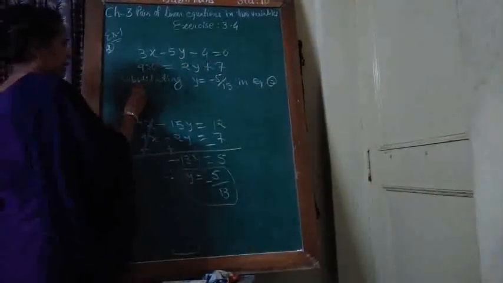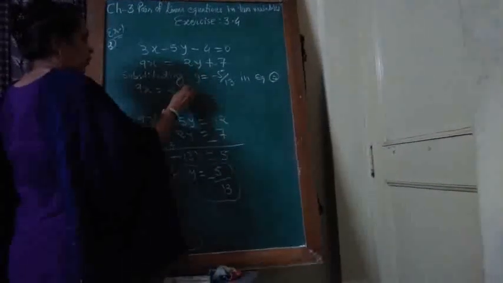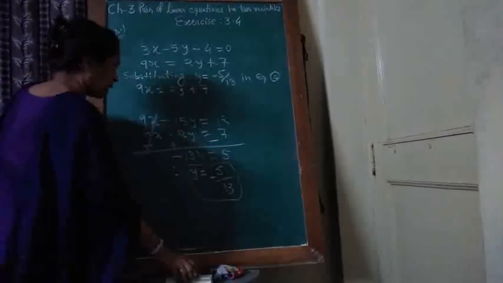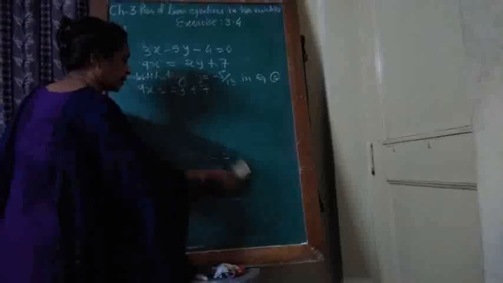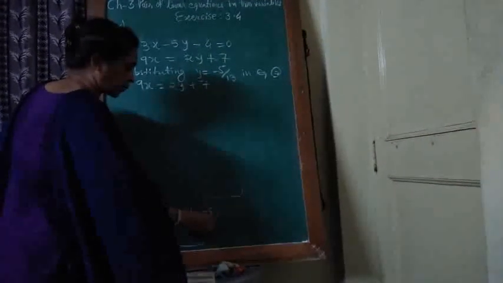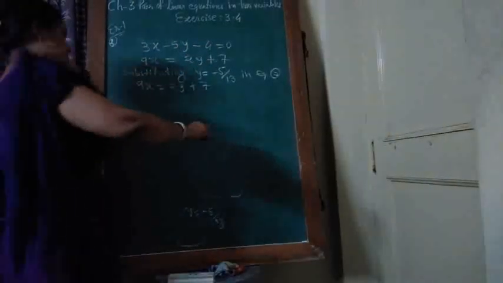So 9x is equal to 2 times the value of y. Here you write the second equation again, and after that you remember y equal to minus 5 upon 13. This value I obtained. Here also I have mentioned.